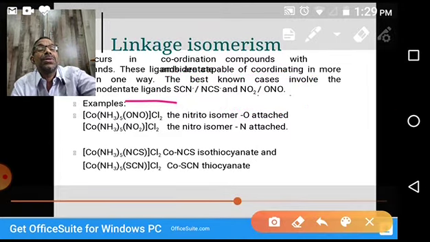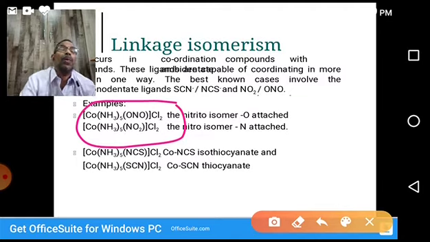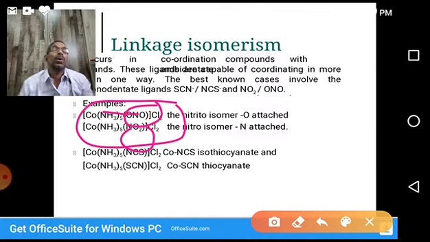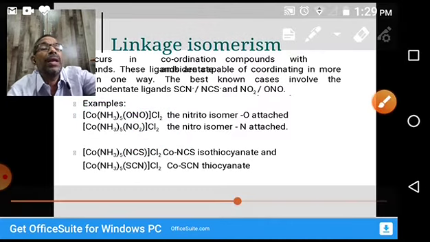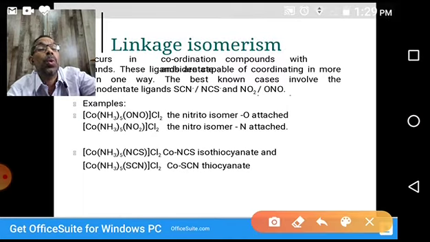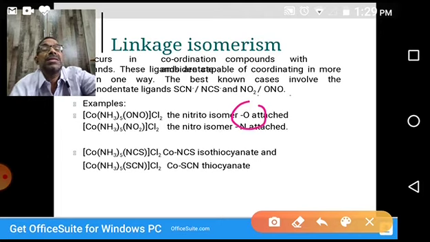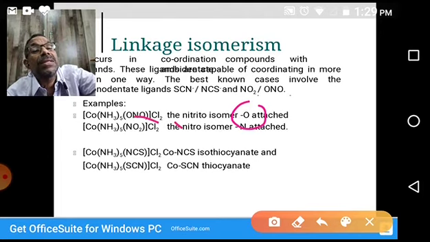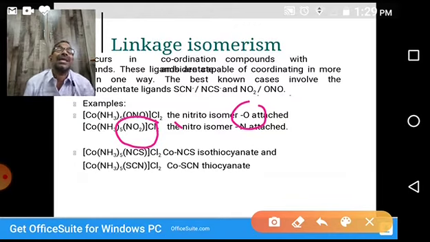So this is a pair of compounds. Both have NO2 groups, but in this compound the group is linked to the central metal atom cobalt through O. In the similar compound with the same molecular formula, the nitro group is linked to cobalt through nitrogen.